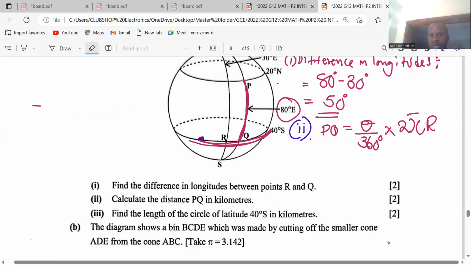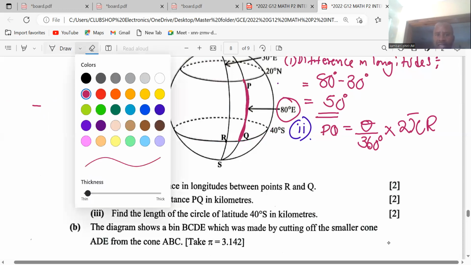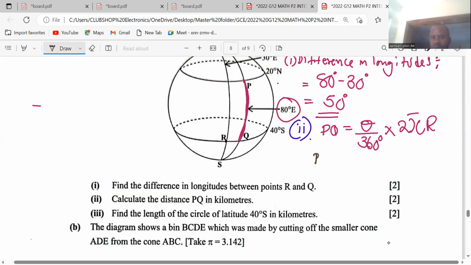Now, what is the value of theta? They have the same longitude, but their latitudes are different. So what is the difference in terms of latitude?